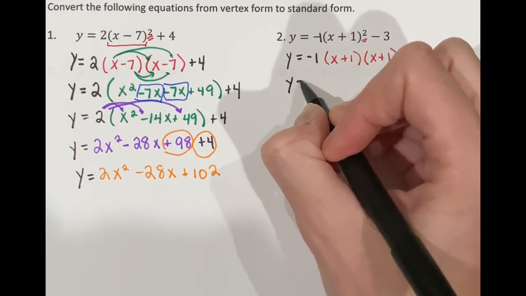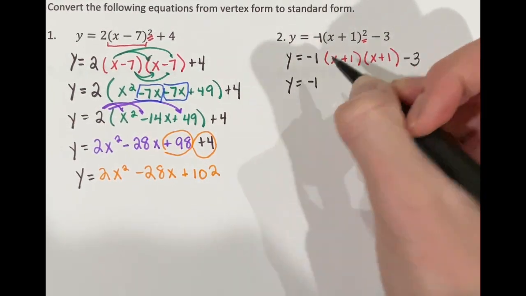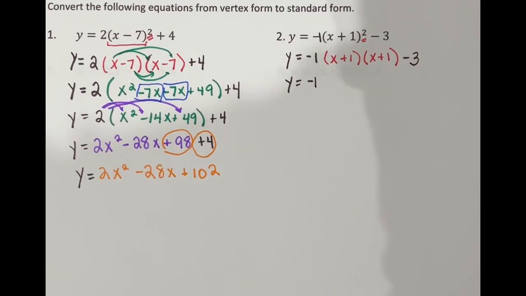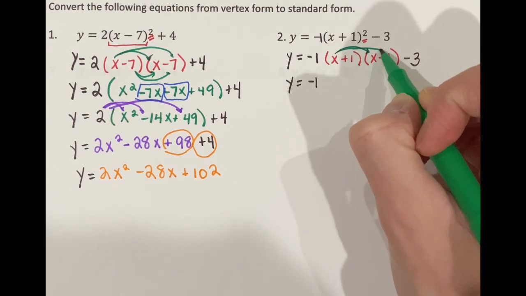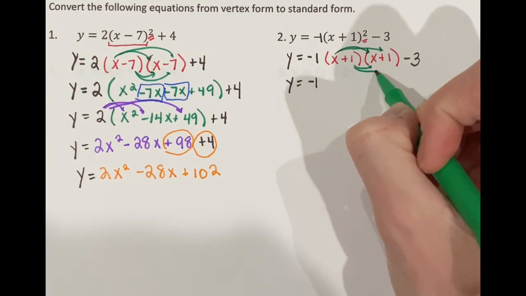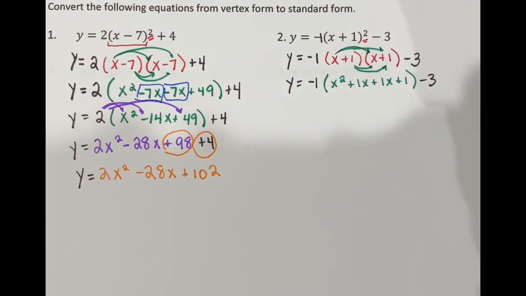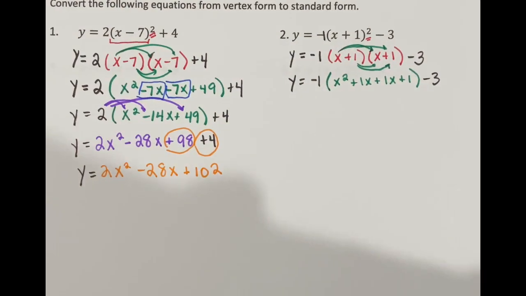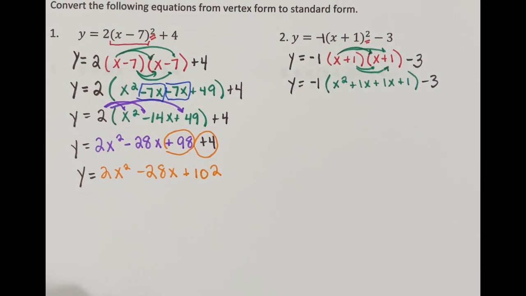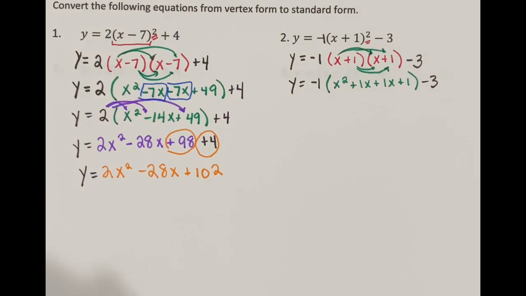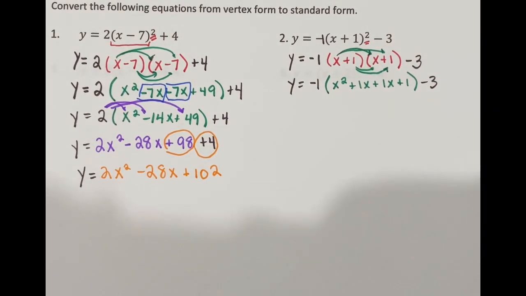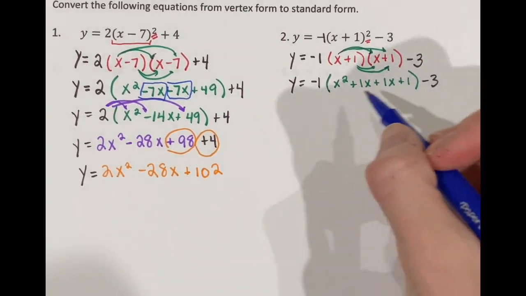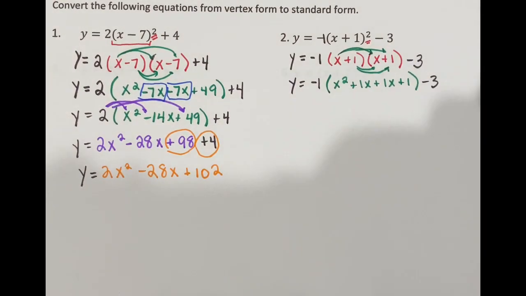So then I have y equals, I have my negative 1 here. Then I need to get rid of those two binomials by double distributing. So I get left with y equals negative 1 parentheses x squared plus 1x plus 1x plus 1, minus 3. Then I need to combine like terms inside the parentheses.